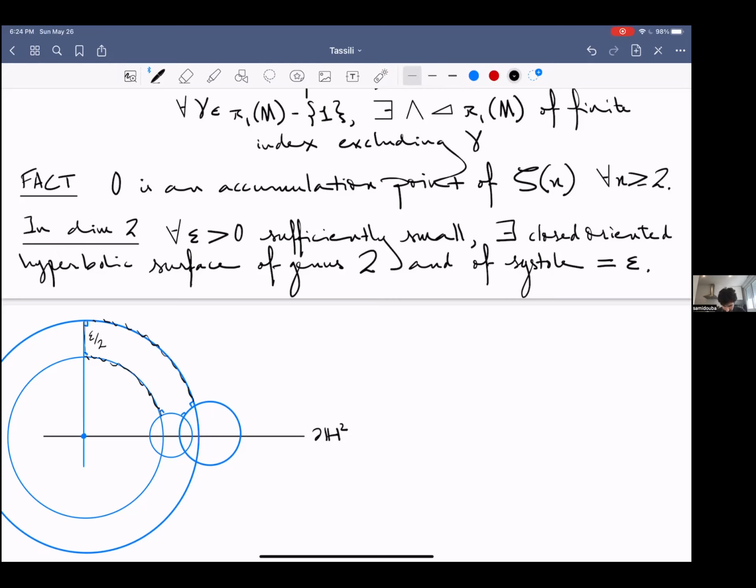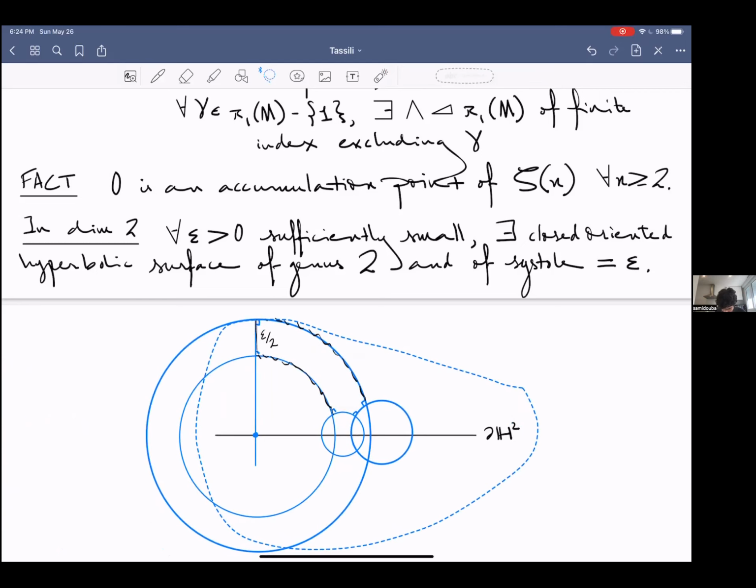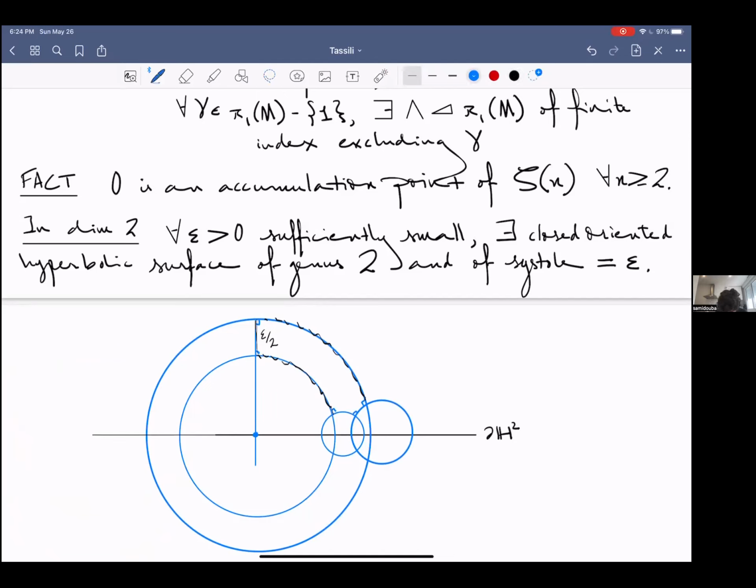And now double this picture along that side, so just reflect it so that you get a right-angled hexagon. So now you have a right-angled hexagon here.